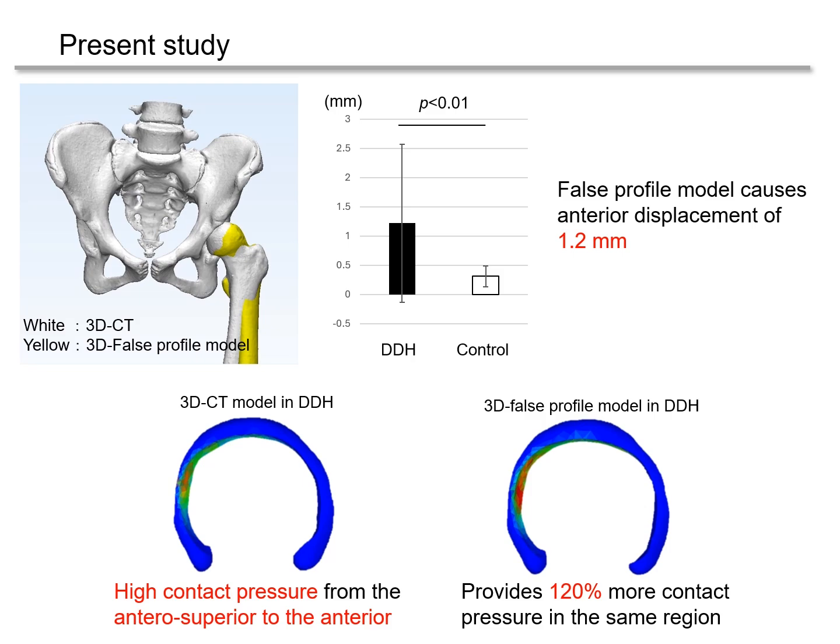On the other hand, the 3D false profile model showed an increase in contact pressure in both groups, and the DDH group in particular showed approximately 120% higher contact pressure than the 3D CT model. At this time, it was shown that the high contact pressure was in the anterior superior to anterior region of the labrum.